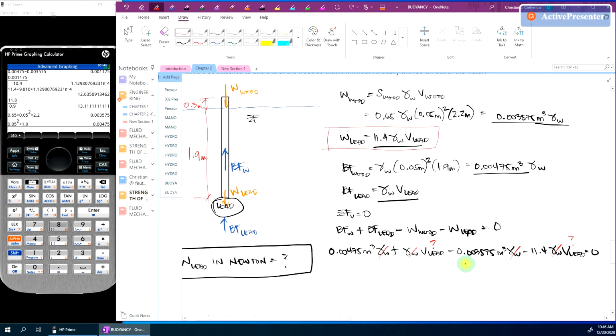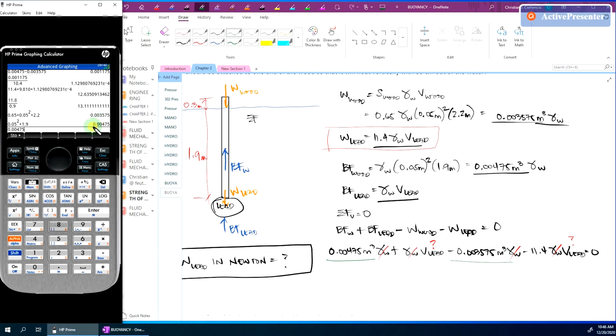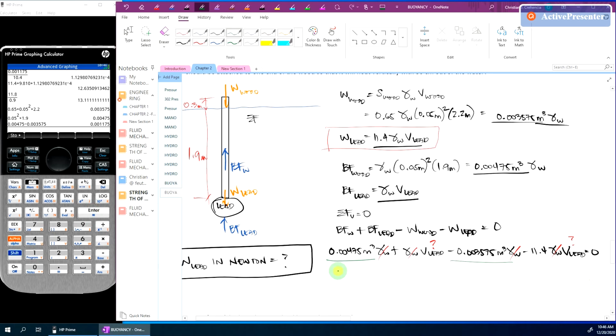Okay. So, volume ng lead, combine na natin tong dalawa. So, pwede na kayong actually mag-shift solve, diba? Pero, i-simplify ko itong sa akin. So, yung 0.00475 minus itong 0.003575 is 0.001175 cubic meter.